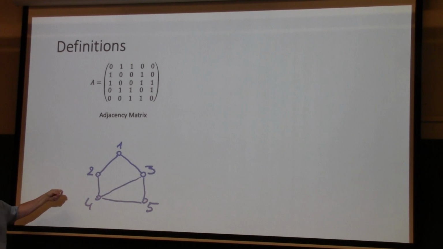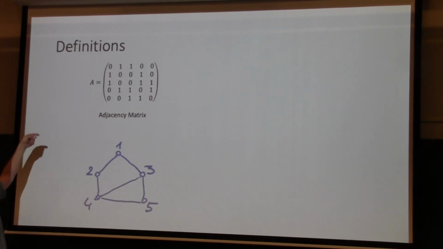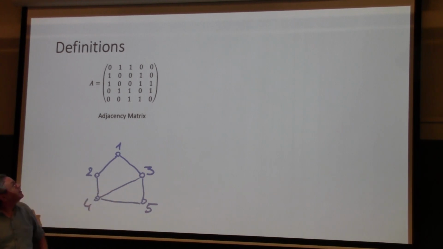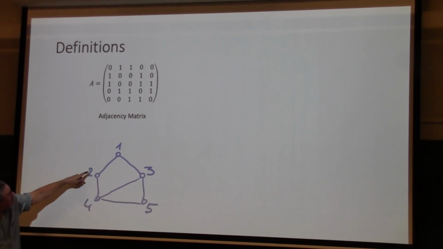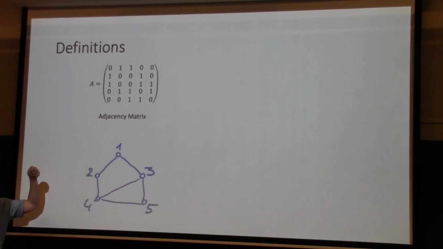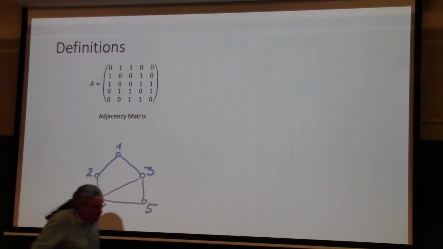What does it mean? Well, there are 5 rows and 5 columns. If there's a link from 1 to 2, that means there's a 1 in element 1, 2. So the first row, second column.